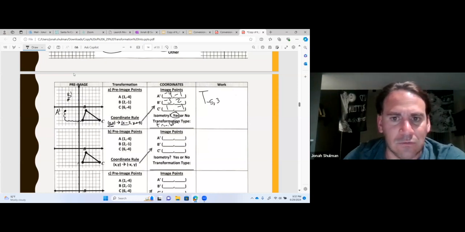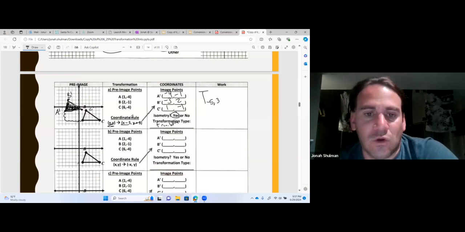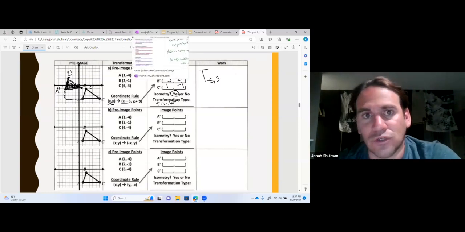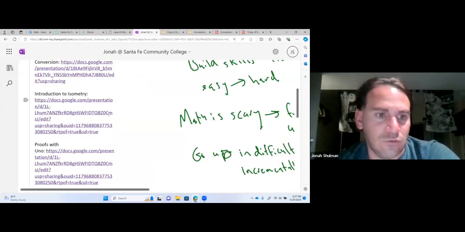And C prime is going to be 1, -1. Here's C prime. The triangle should look exactly the same, just slid over. And there it is. So there's the picture. Looks like the same size and shape. And that's how it works. So notice that this is just another way we can show more challenge, more difficulty as they get harder as we go through it.